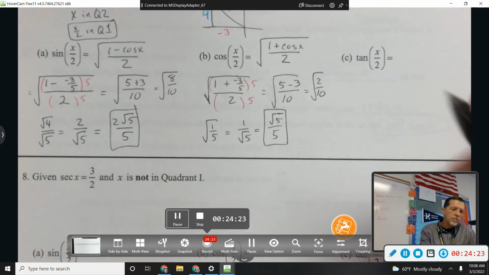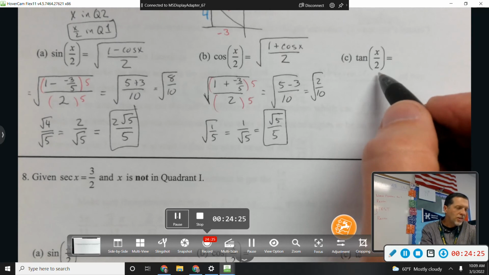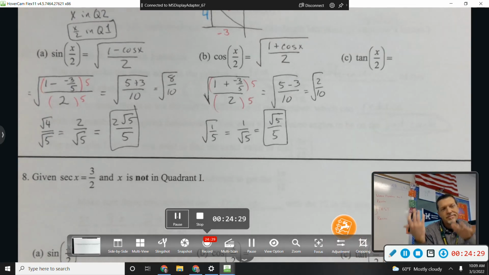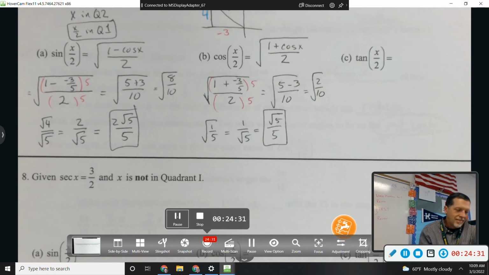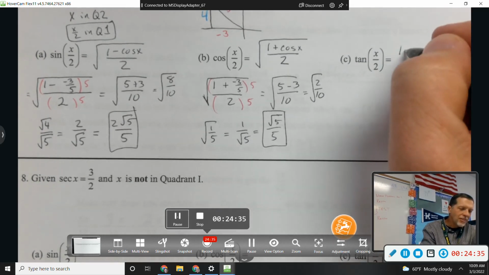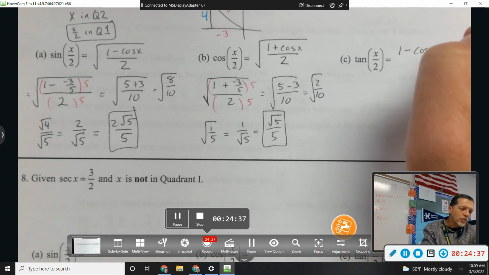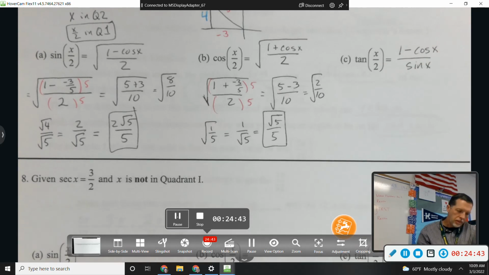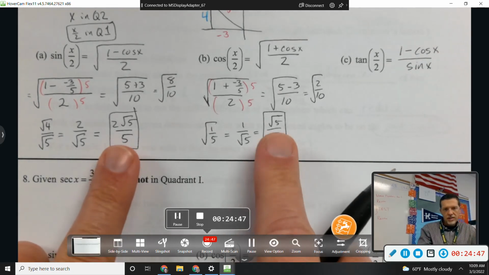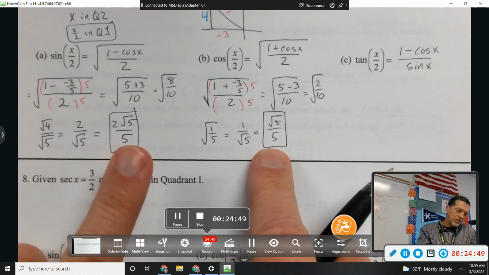For tangent, do you want to use the formula or do you want to use sine over cosine? I think we should use the new one. That way, if you get asked to do tangent without having done sine or cosine, you can jump straight to it. But I'm pretty sure some of you might be able to see sine over cosine.